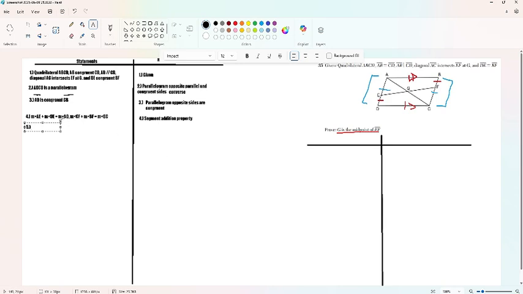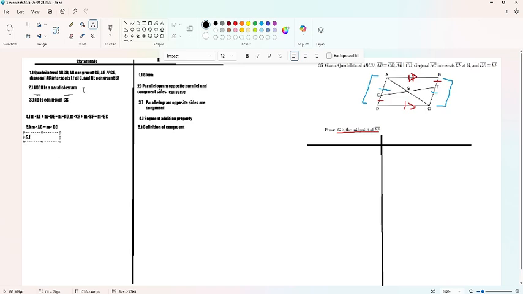We need to put measure, because it says measure. So let's say measure of AD is equal to measure of BC, by definition of congruence. Now we can use transitive property.